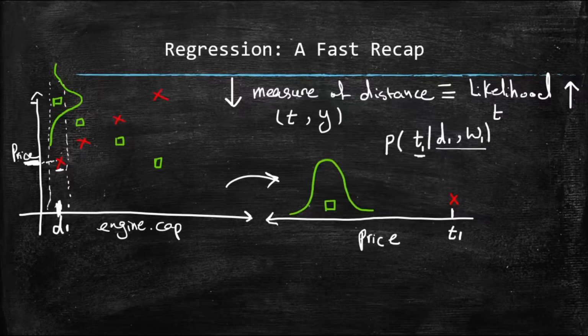Now, what is the formula of my Gaussian? Let's write it with a green pen. The formula of a Gaussian is quite simple. It is 1 over the square root of 2 pi times the standard deviation of the Gaussian, and the exponentiation of minus, here I would say T1, the data that I have, the ground truth that I want to generate, minus y1.